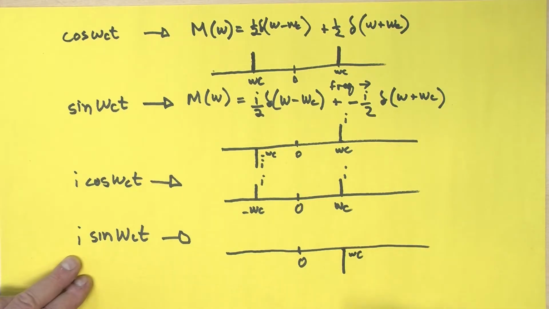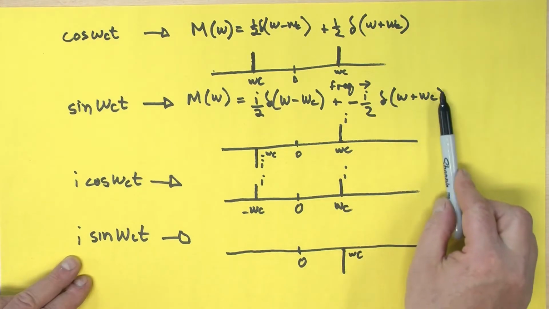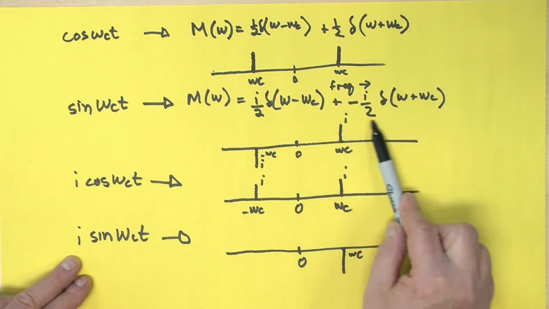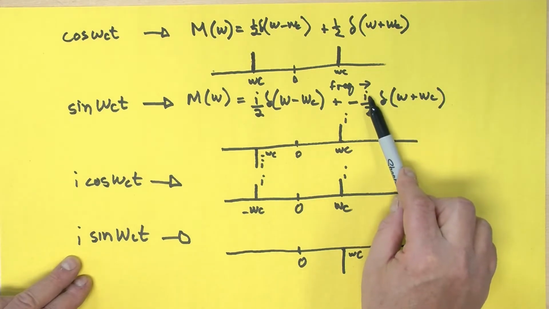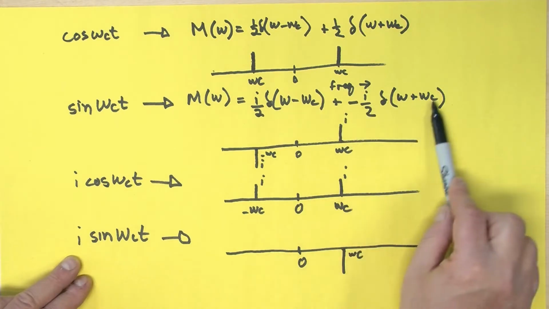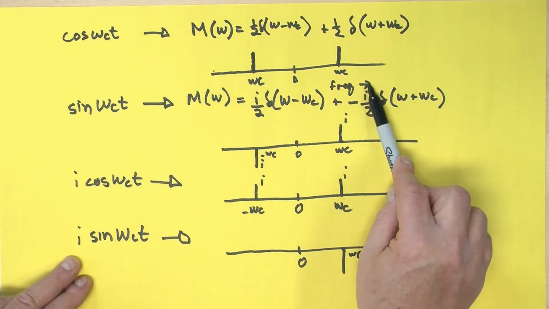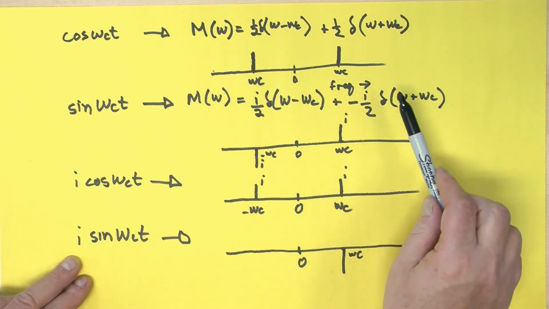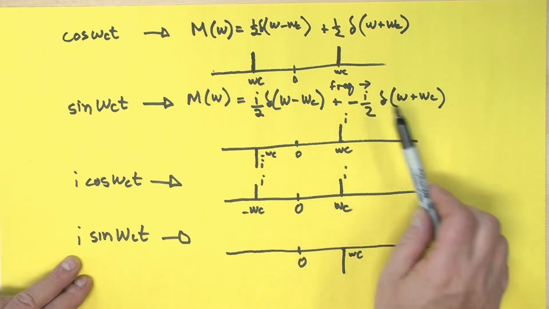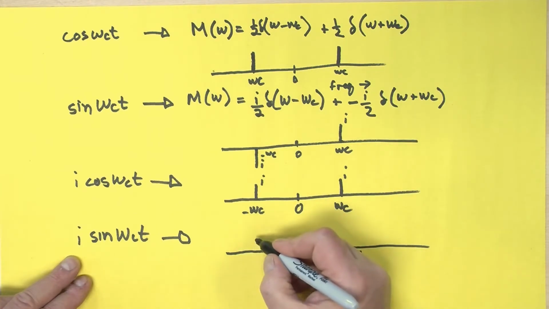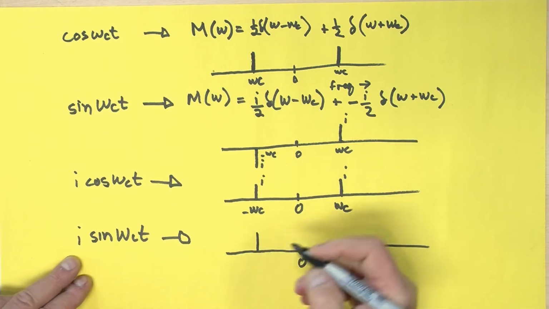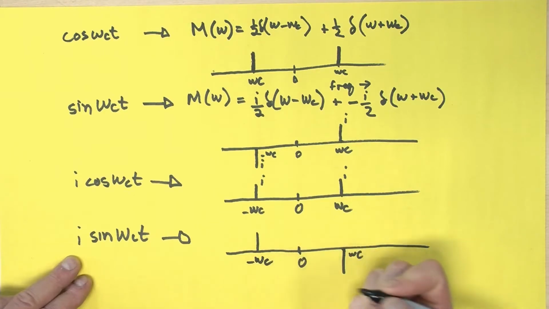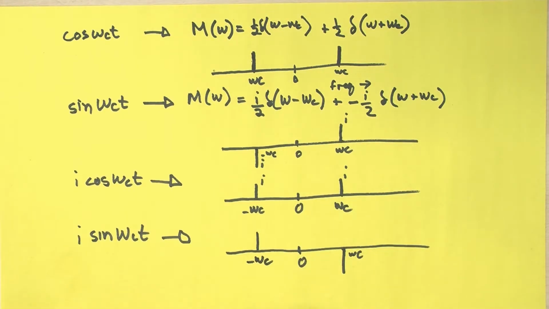And if we take the negative frequency part over here and multiply this whole thing by I, well, I times I is minus 1, and minus of that is plus 1, so our result over here in the negatives is in fact positive. So at minus omega c, we have a positive result.